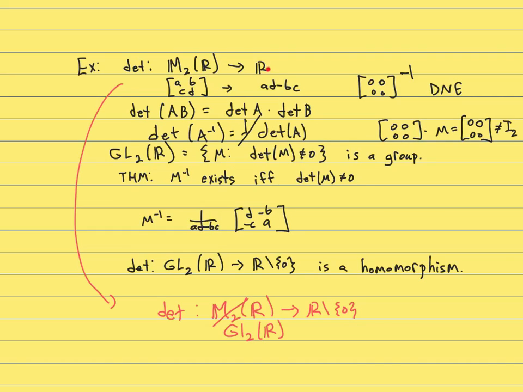This is definitely not an isomorphism because it's possible for two matrices to have the same determinant, so it is not injective, even down here. If I take, for instance, an example 1, 1, 0, 1, and the diagonal matrix, these two matrices both have determinant 1, but they're actually different matrices.